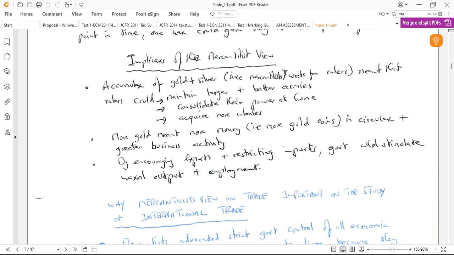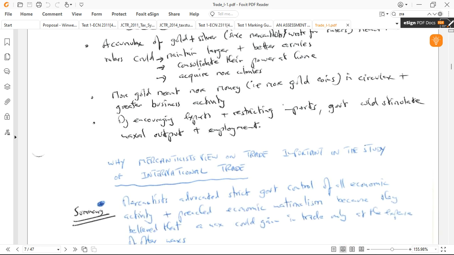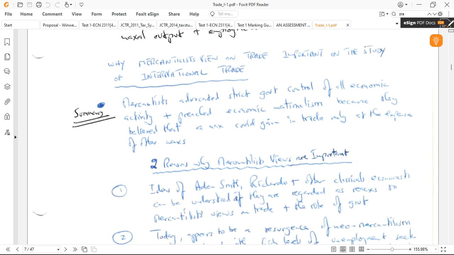That's according to the mercantilists, and these are the implications of such thinking. It's good because if you can beat your partners by selling more to them than you're buying from them, you're going to have more money. The more money you make, the more developed you become. That's a good one.